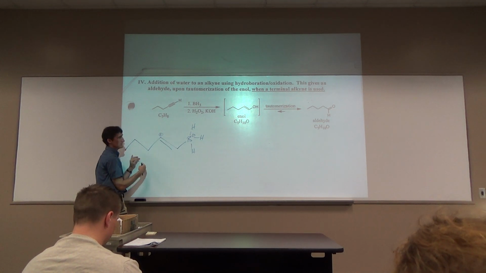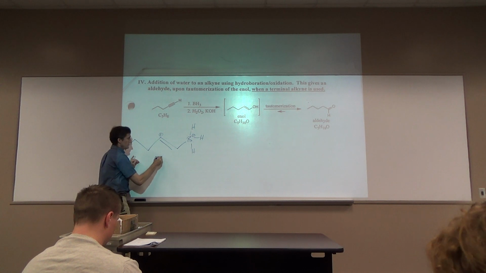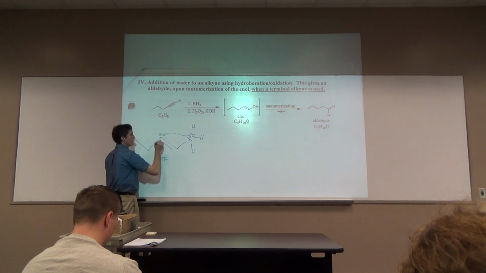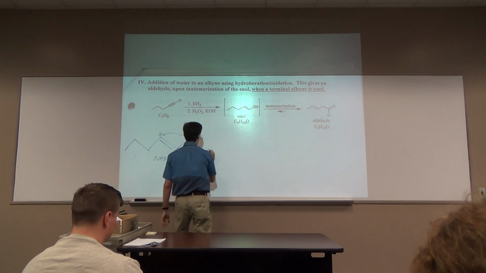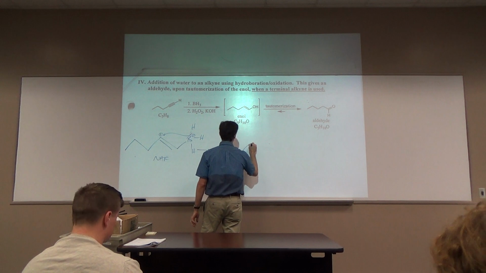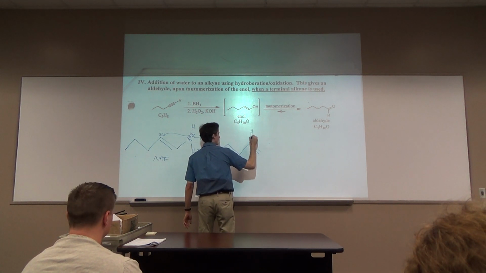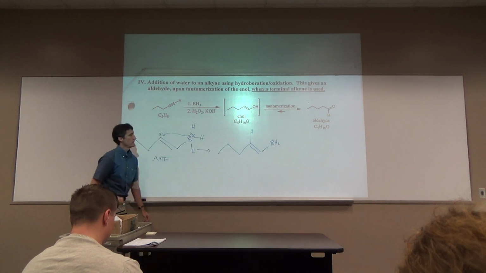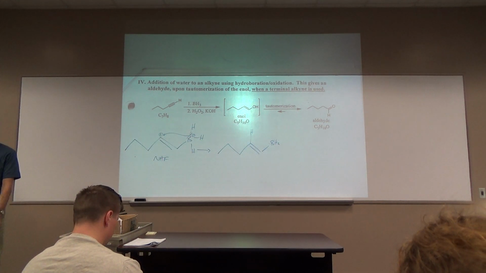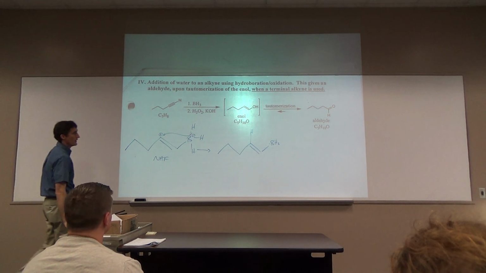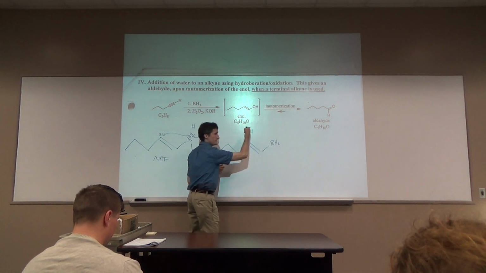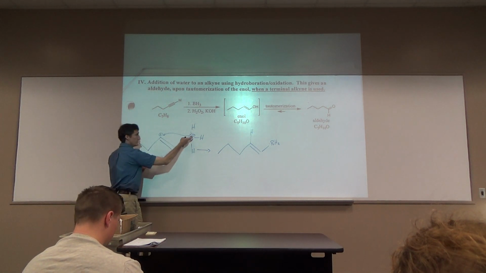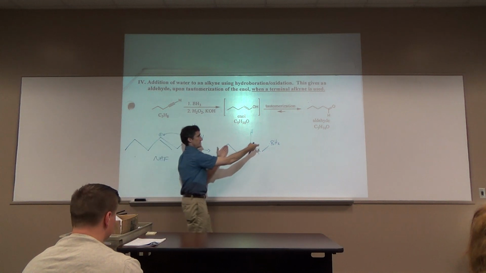What happens next? Boron's going to throw a proton. This is not actually formed, because this guy throws an H in with 2 electrons here. You've got an H there and a BH2 here, and the BH2 is now neutral. But the boron and the H are cis on this double bond, right? Because if the boron is this way, the H has to be that way because it comes from the boron.